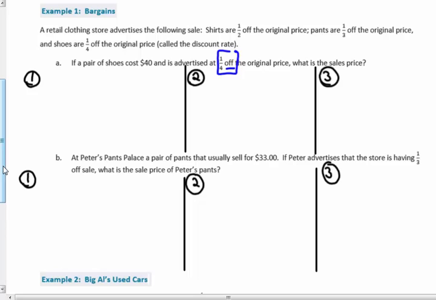I'm going to save 1/4. So the fourth part of it says, I'm going to make a bar and cut it into 4 equal parts. I'm going to save 1/4 of that. I know the whole price, the whole bar, is worth $40. That's what the shoes say on them at the shoe store.